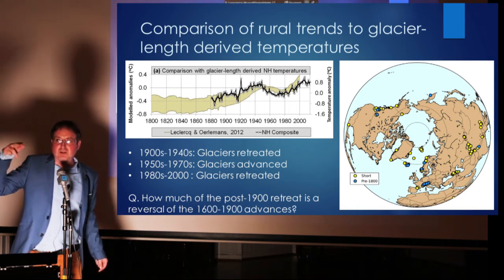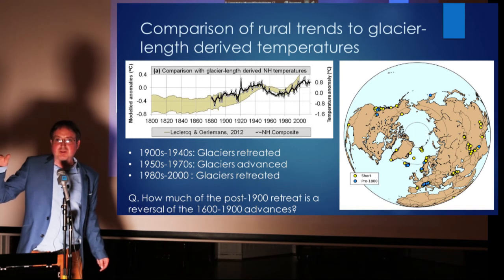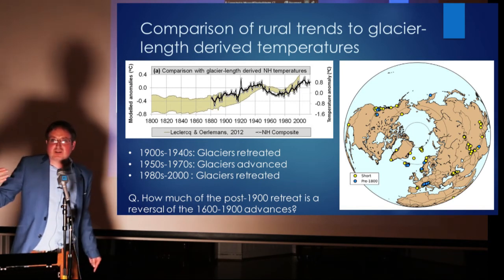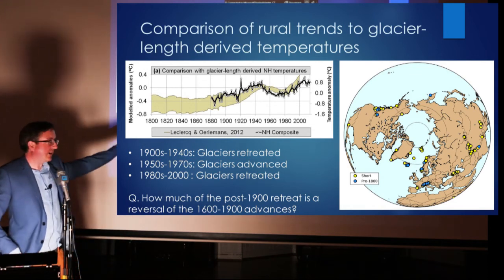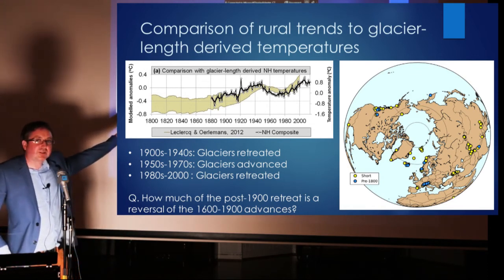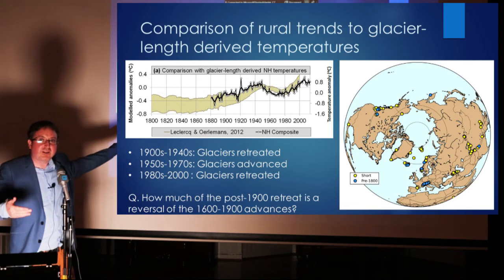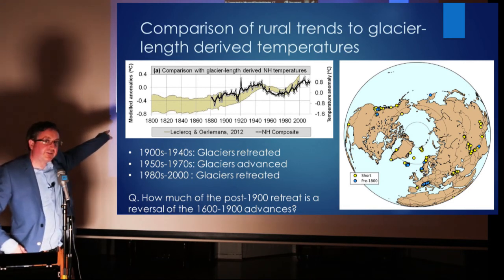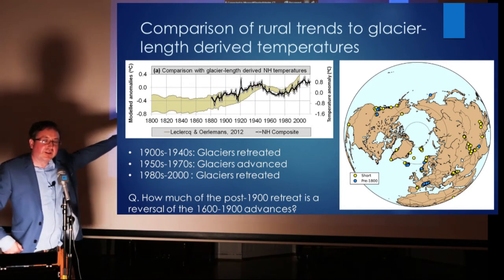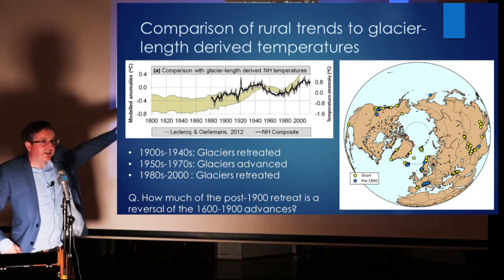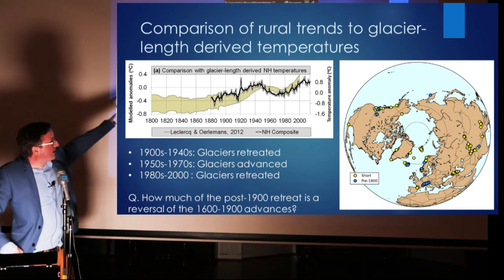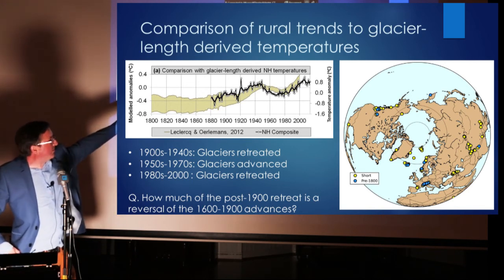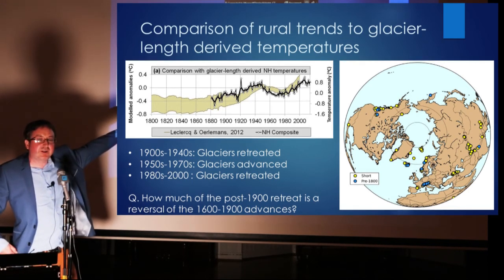When we looked at this Northern Hemisphere rural composite, we compared it to whatever different data sets we could find, and one of them is the estimates of temperatures derived using these glacial length records. You can see the yellow is for the Northern Hemisphere. They're saying the temperatures increased up to the 1940s, then decreased, and then increased again.